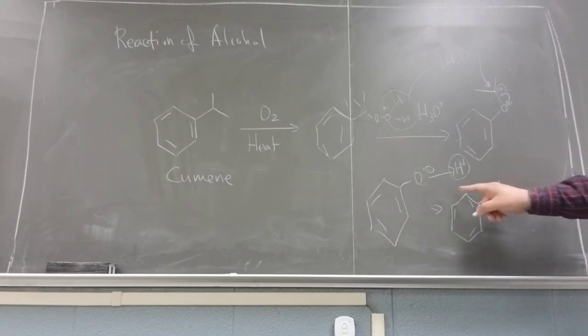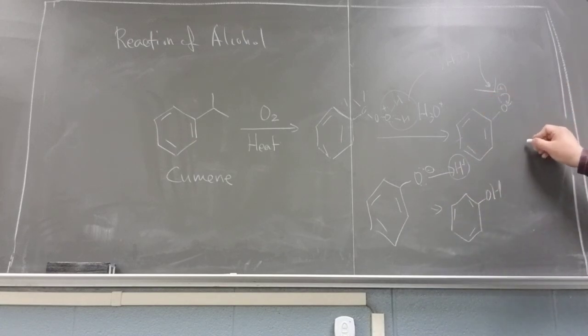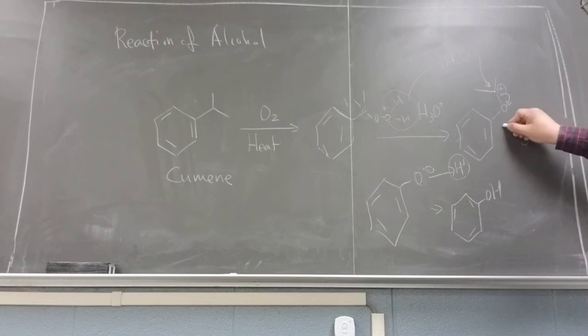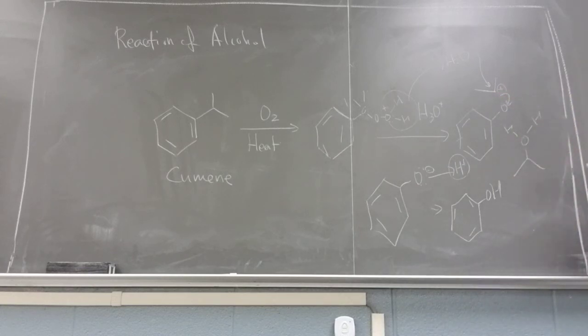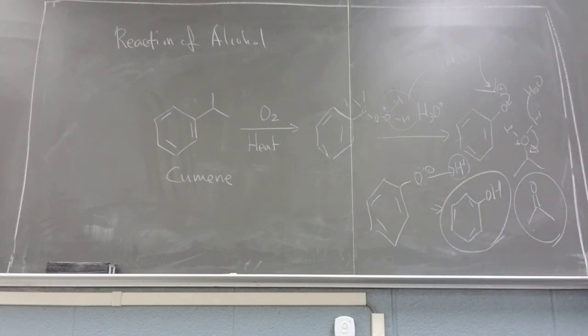And then this part later bonds to... So this is broken, right? In this way. So another water can grab this one, so this one goes to here. So it becomes two separate compounds, making phenol: acetone and the phenol.